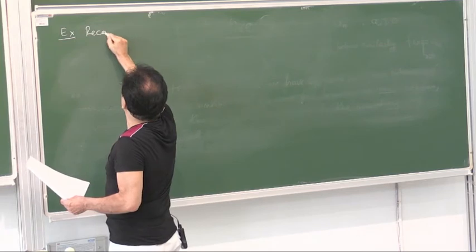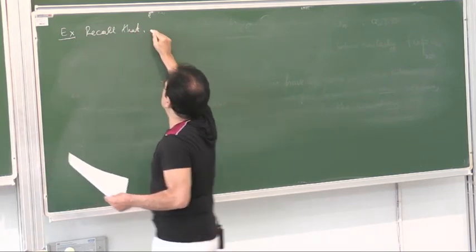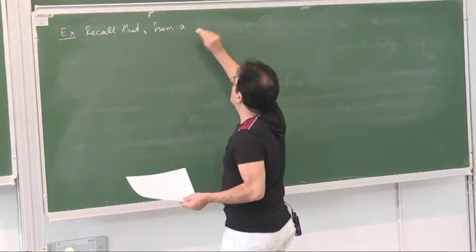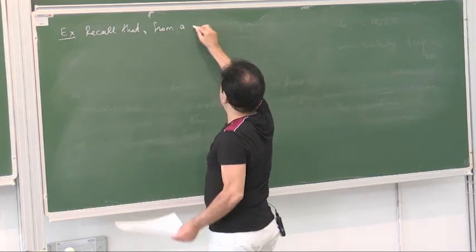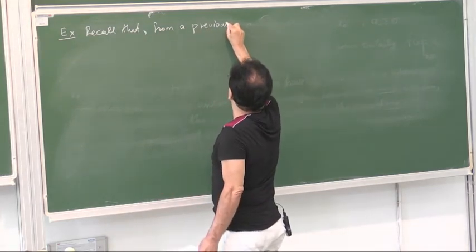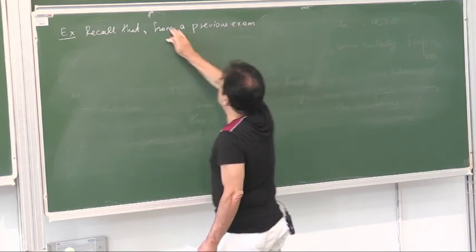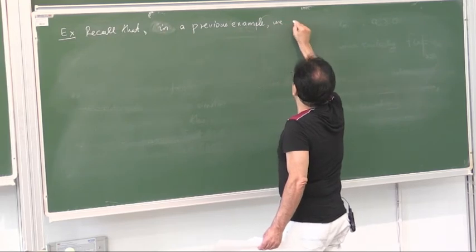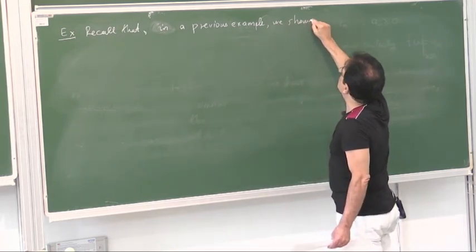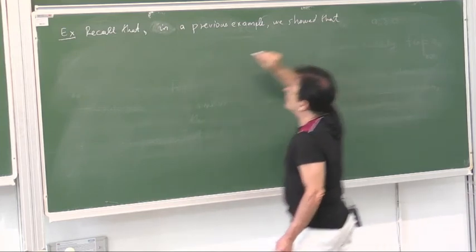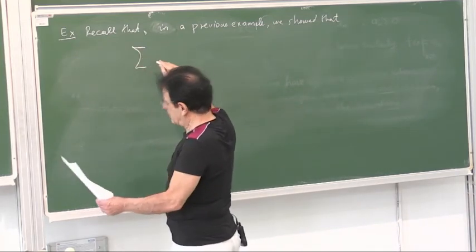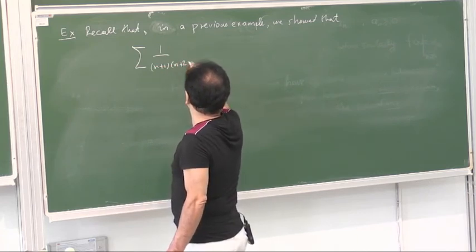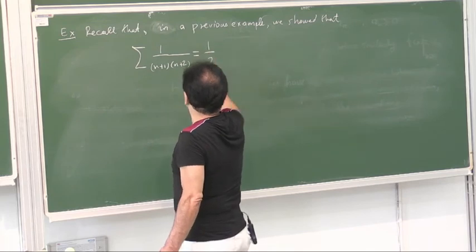Recall that from a previous example, we showed that this series, 1 over (n plus 1)(n plus 2), sums to 1/2.